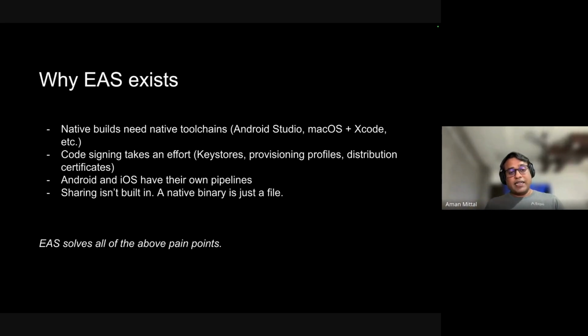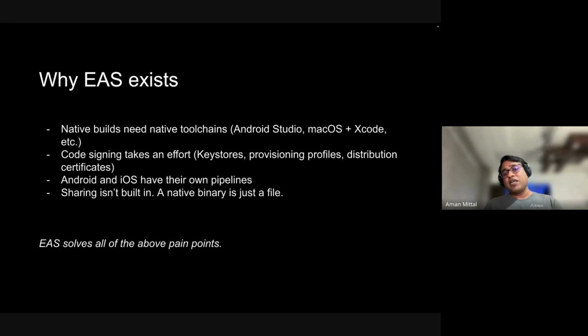Yeah, and then Android and iOS have their own pipelines. Android uses Gradle, and iOS tends to use Fastlane if you are using any other cloud services or have used in the past. So yeah, that's another layer of complexity. And the last layer of complexity is sharing isn't built in.